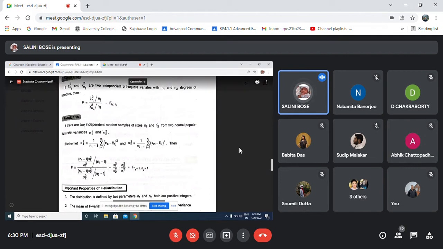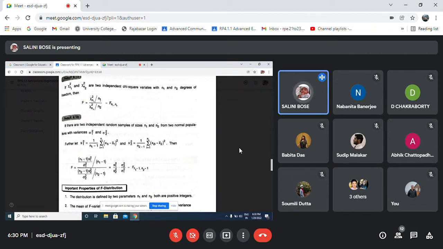So for two different normal populations, for two different samples, the variances of the two samples will be like this. Then we can say the F distribution will be n1 minus 1 into s1 square by sigma 1 square.